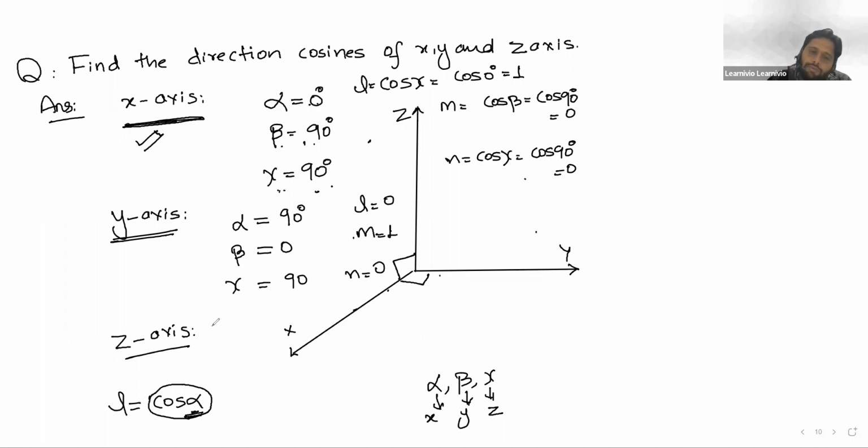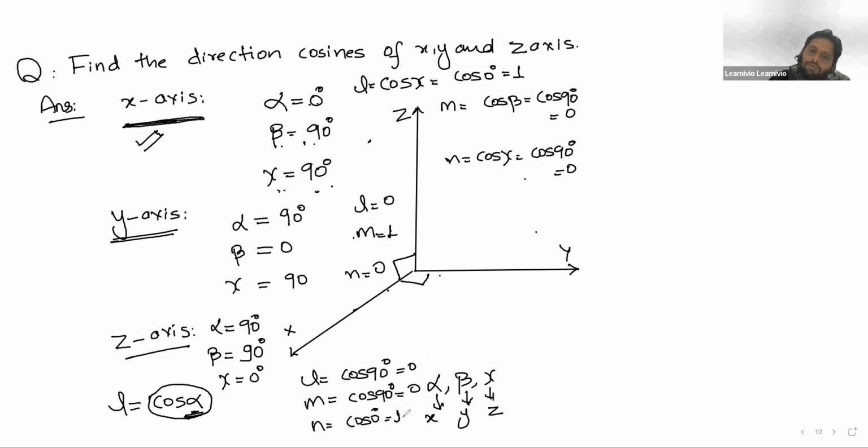For the z-axis, tell me what is alpha? 90. Good. What is beta? Beta is 90. Gamma is 0. So L is cos 90, M is cos 90, which are 0. N is cos 0, which will give you 1. So 0, 0, 1. Is it clear, Umair, now?